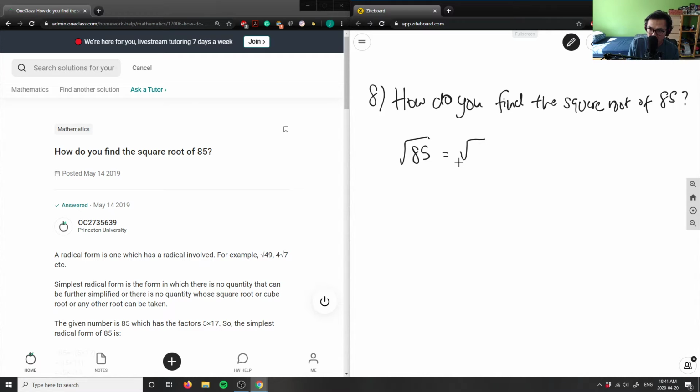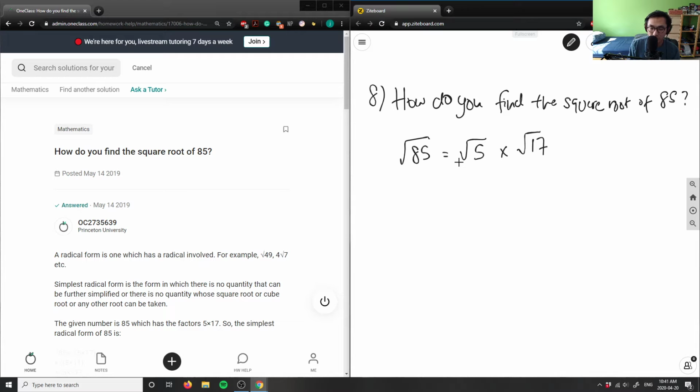So I would get root 5 times, what's 85 divided by 5? I'm just going to use my calculator here. 85 divided by 5 here is root 17. So I have 5 and 17, and they're both prime numbers in this case, which means I actually can't simplify root 85 into a simplified radical form.